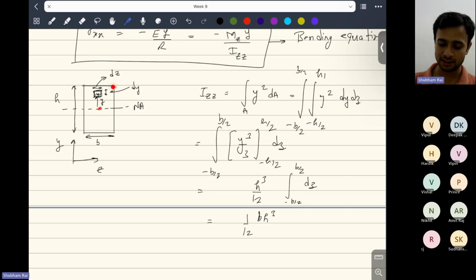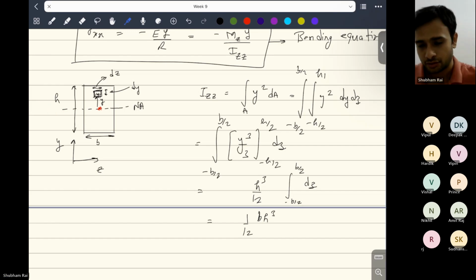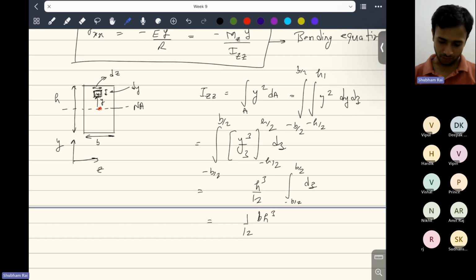This dimension b is parallel to the neutral axis, but this dimension h is intersected by it. So the dimension which has been intersected will have the cube over it. You can remember this rule just for rectangular cross sections.